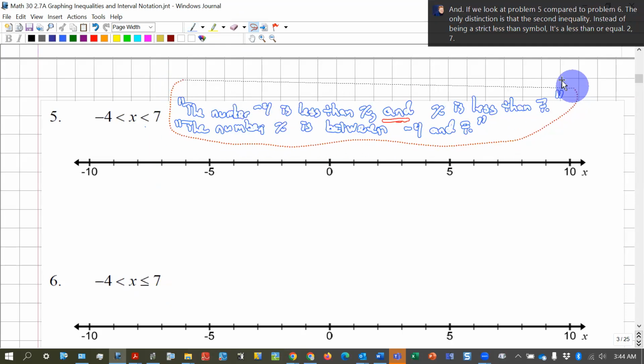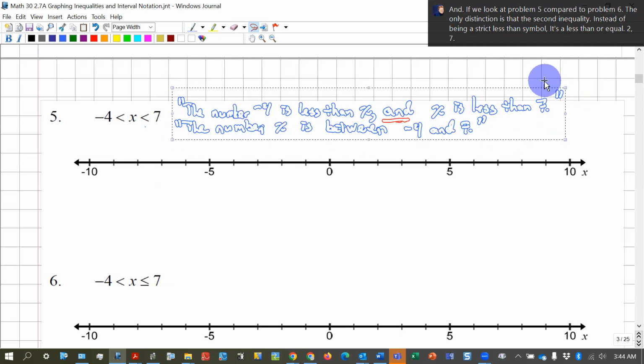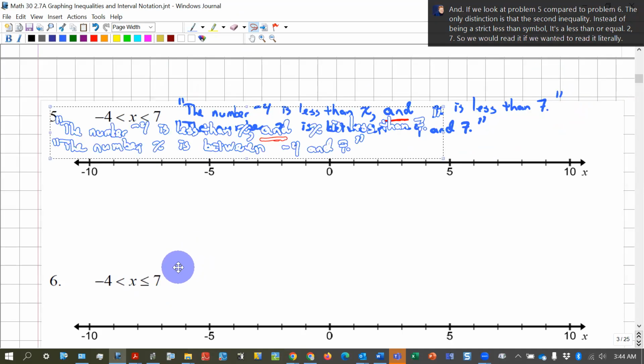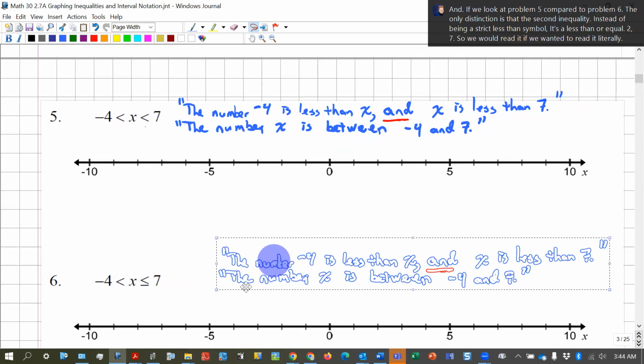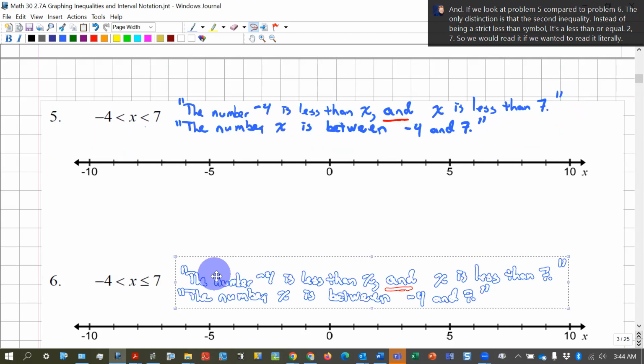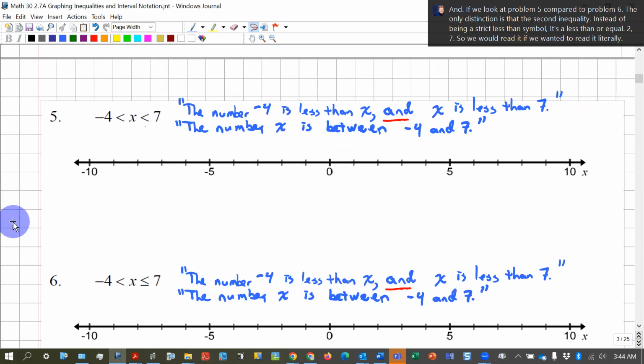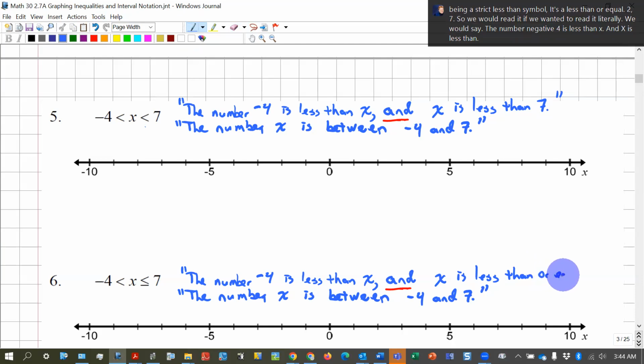So we would read it, if we wanted to read it literally, we would say the number -4 is less than x and x is less than or equal to 7.